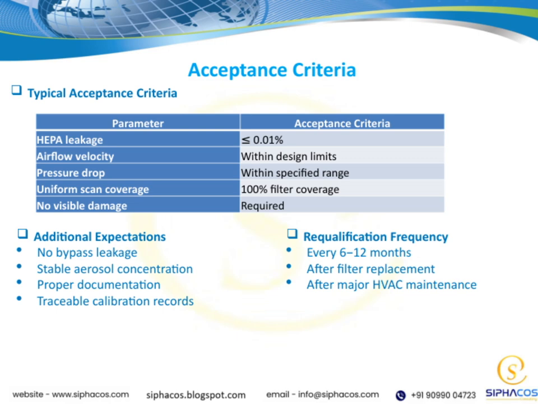Uniform scan coverage needs to be 100% of the filter area, ensuring no part is left unchecked. And of course, there should be no visible damage to the filters or system components. These acceptance criteria are the typical standards we use to confirm everything is functioning correctly. Staying vigilant with these parameters helps us maintain a safe and effective clean environment.